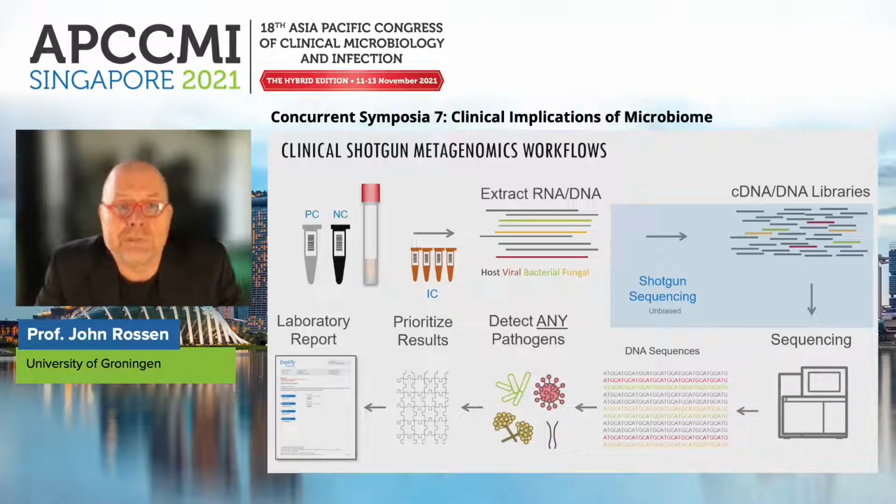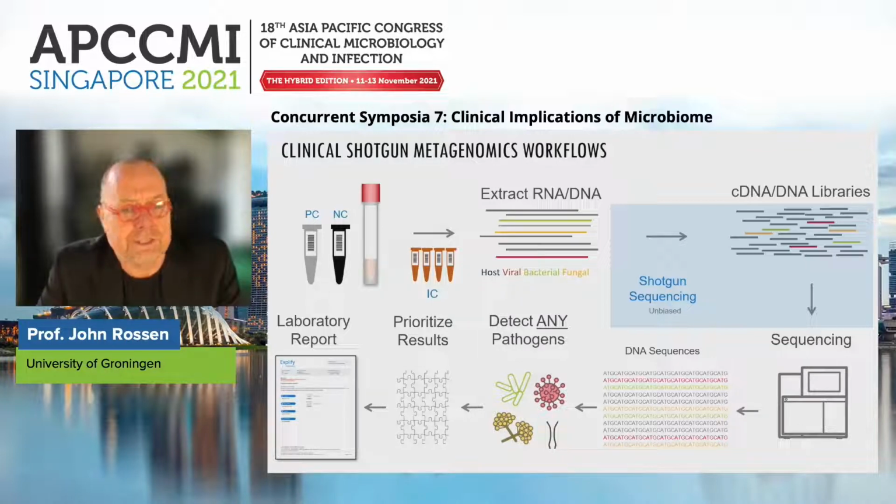So clinical shotgun metagenomics is sequencing everything that is present in a sample of a patient or animal or the environment. It starts with extracting RNA, DNA, making your cDNA DNA library. So you have to convert your RNA first to cDNA when you want to detect RNA viruses, for example, and then sequence simply everything that is present.